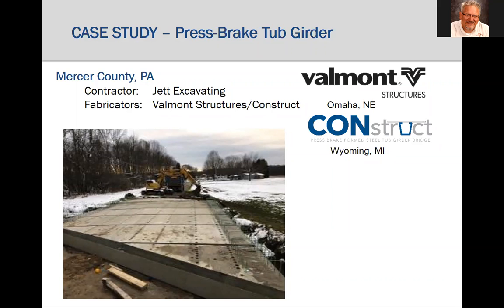The pre-decked method is where the modular units delivered to the site already have the concrete deck on the girder units. The field assembly method delivers the cambered, galvanized, press brake form steel tub girders to the project site separately from the precast deck panels for the site assembly.